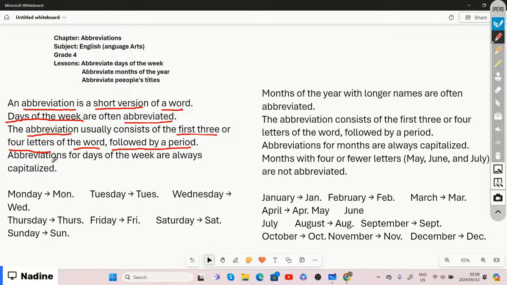And when it comes to abbreviations for days of the week, they are always capitalized. Because remember, we capitalize days of the week, we capitalize months of the year. So when it comes to us abbreviating days of the week as well as the months of the year, then it also needs to start with a capital letter.